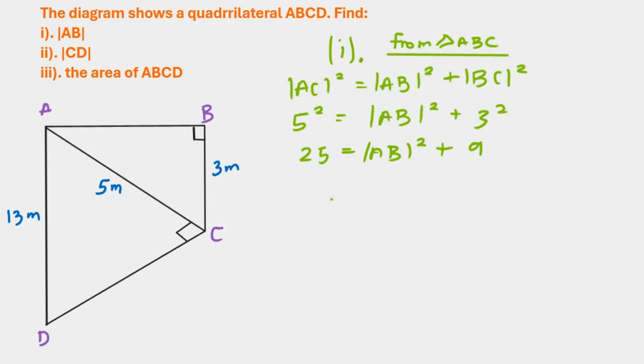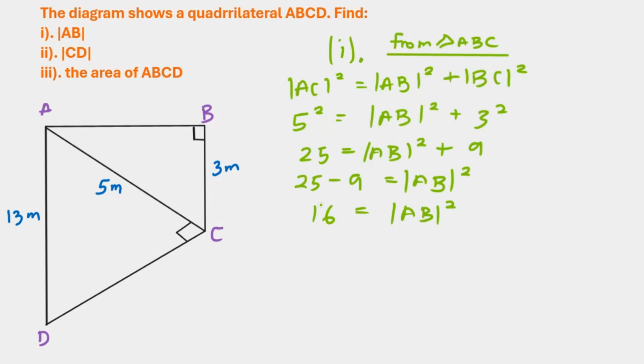So what do we do next? We have to bring 9 to this side, or we subtract 9 from both sides. So that's going to be 25 minus 9 equal to AB squared. 25 minus 9 will give us 16. So 16 is equal to AB squared. Now we want AB, not AB squared.